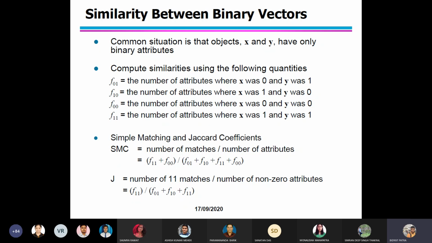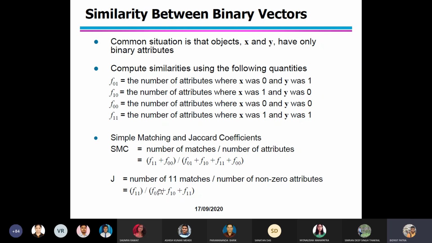Instead, we consider how many items both of them purchased. So F11 indicates how many items both purchased, and the denominator indicates the total number of items they purchased. Maybe one guy purchased and the other guy did not.